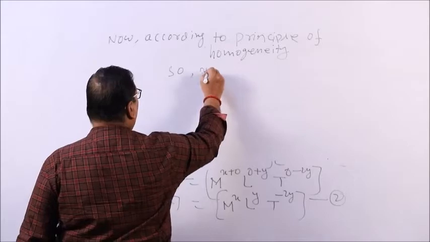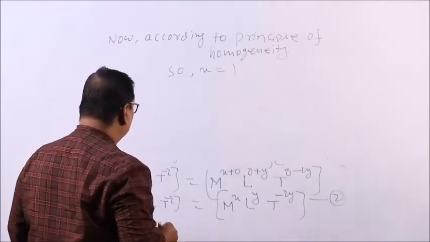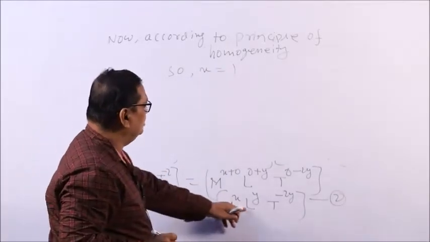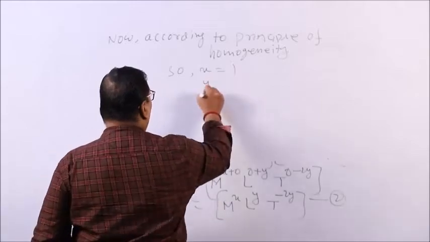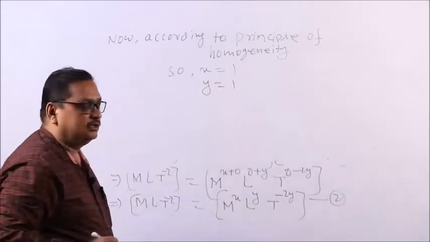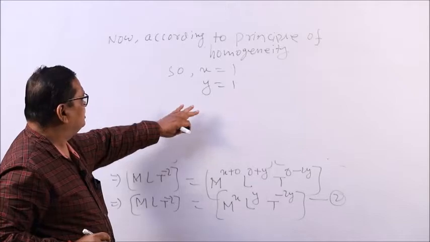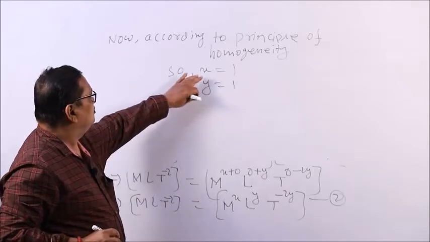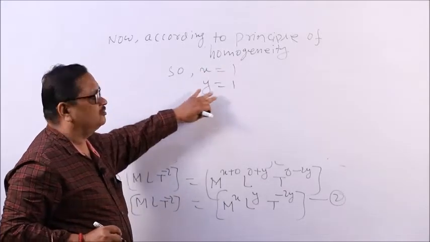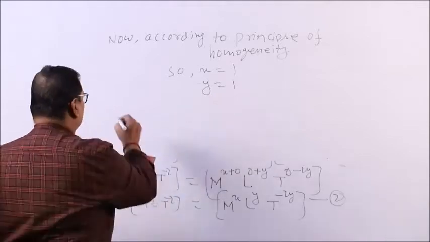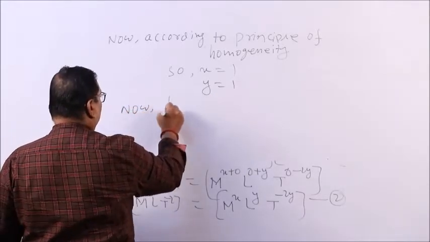So, x equals 1. Here the power is 1, here the power is y. So, y equals 1. So, according to dimensional analysis, we got that the value of x equals plus 1, value of y equals plus 1.